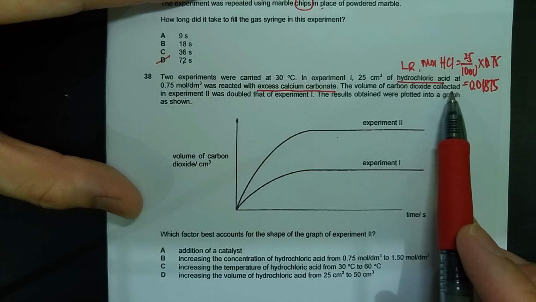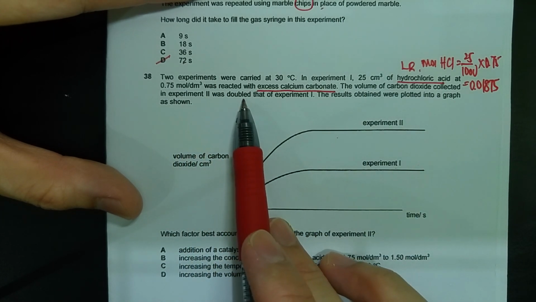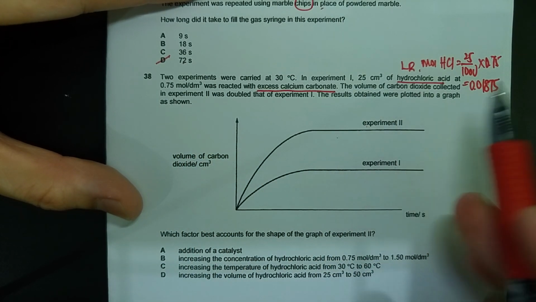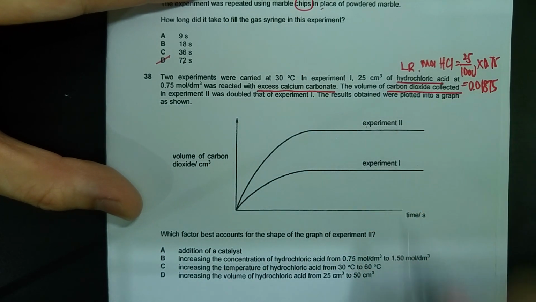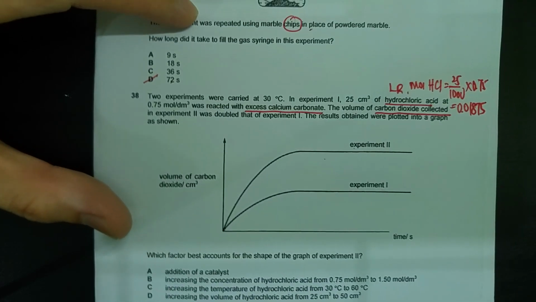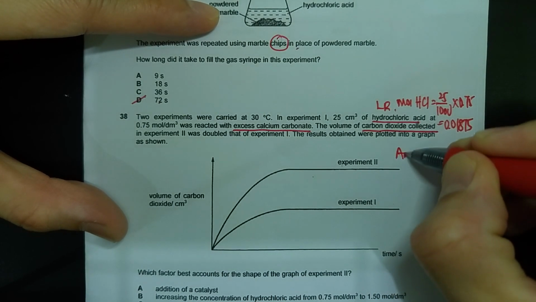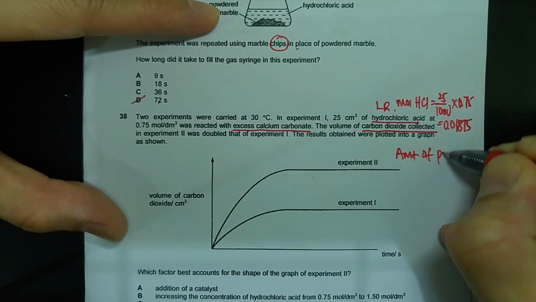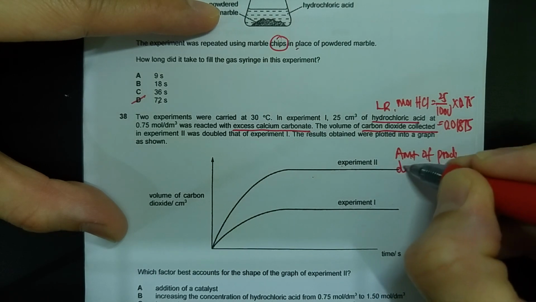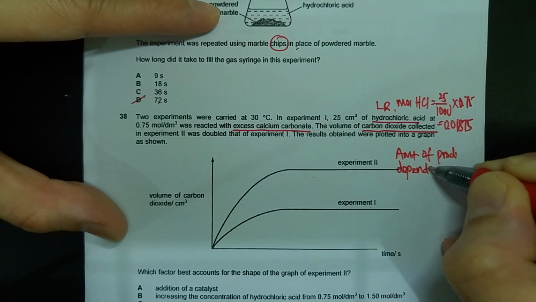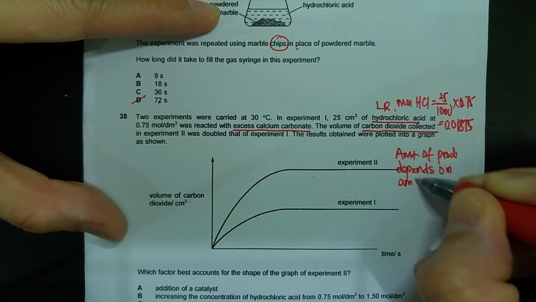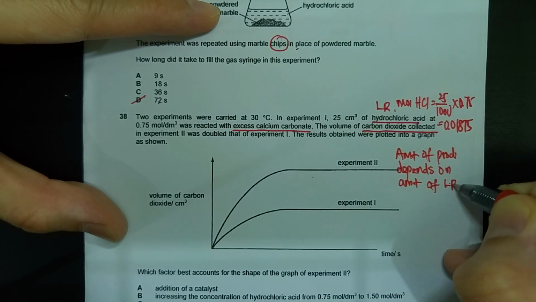Okay, for the volume of carbon dioxide collected, experiment 2 was doubled. So when the product is doubled, it means that the limiting reactant must be doubled, because the amount of product depends on the amount of limiting reactant.